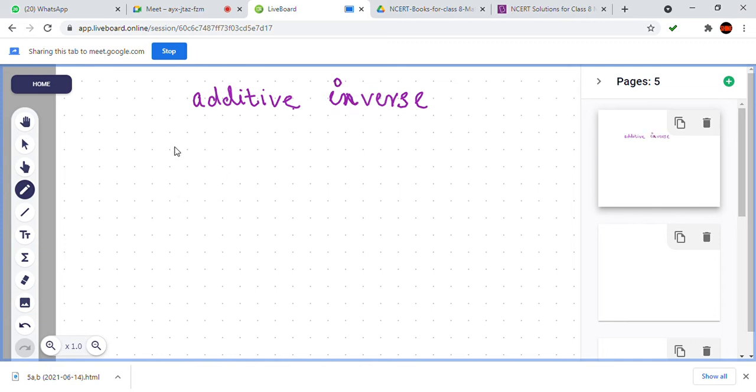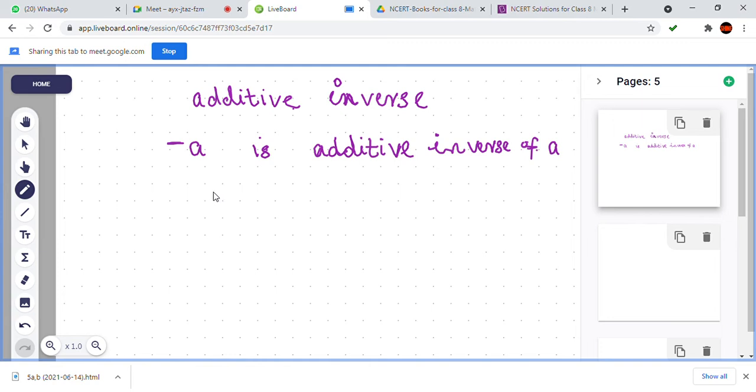Below you write: negative a is the additive inverse of positive a.